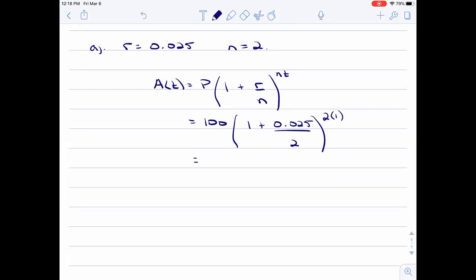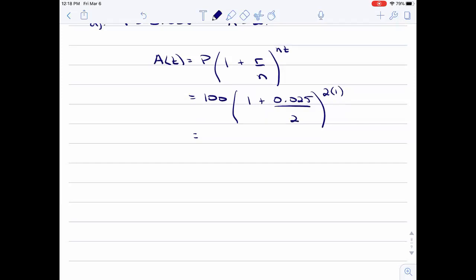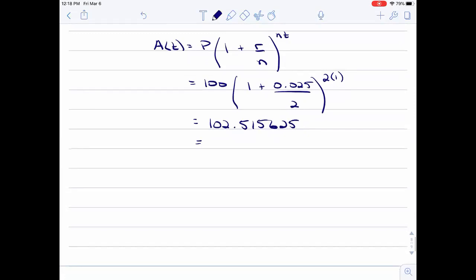Remember, you always start with this guy, simplify that, then add it to 1, and then take the power. So plus 1 to the power of 2 times 100, I would have 102.515625, or in money, 102.52. Cha-ching. I made $2.52 in interest in that scenario.